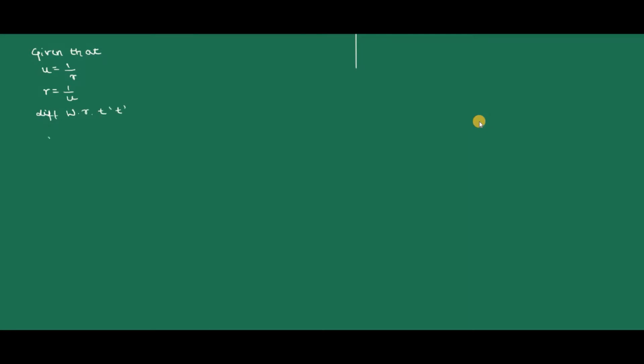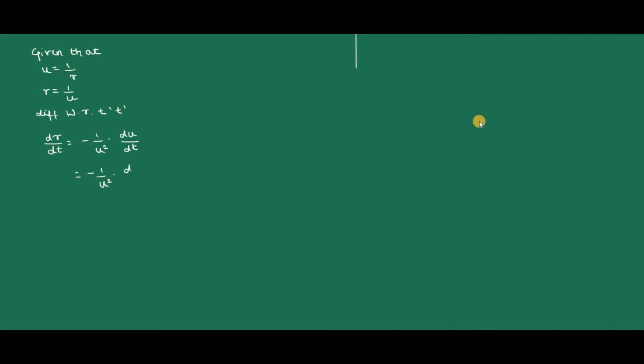What we get? Left hand side, differentiation of r is dr by dt, is equal to differentiation of 1 by u, which is minus 1 divided by u square, and differentiation of u with respect to t is du divided by dt. This is equal to minus 1 divided by u square, du by dt.